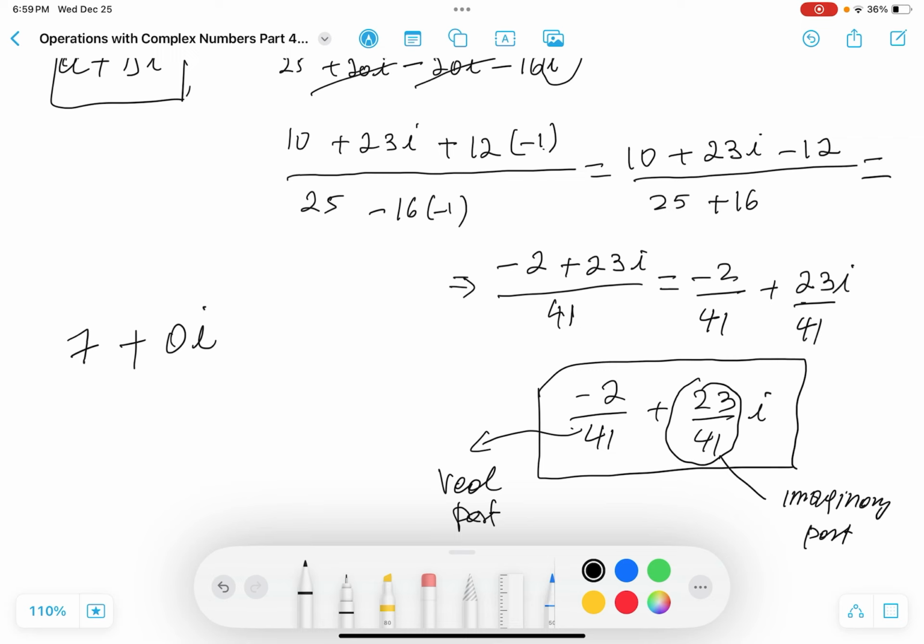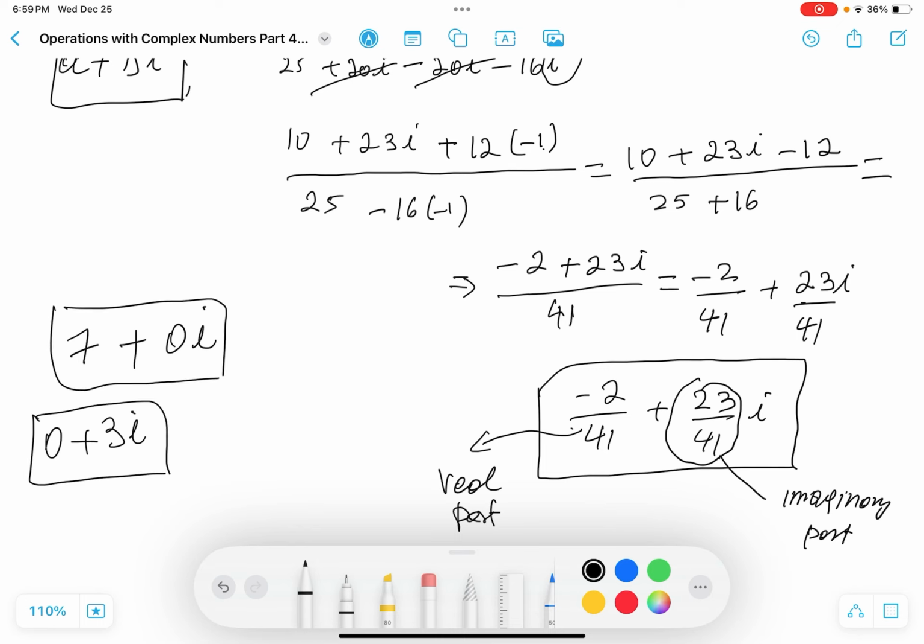How about if I have only an imaginary number, let's say 3i, and I want this to look like a complex number? So I do 0 plus 3i. The real part is 0, the imaginary part is 3, so this is a complex number. We can make them if we want. So this is about division of complex numbers.